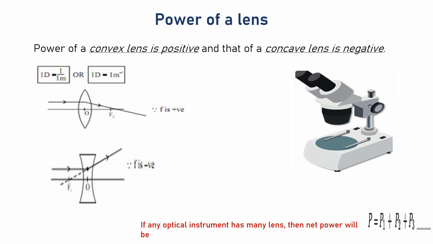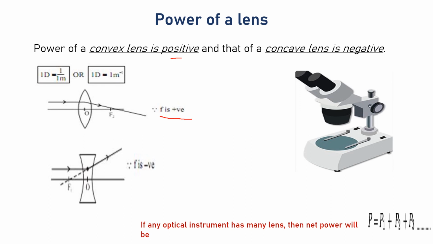The power of a convex lens is always positive. Why? Because if you see the rays over here, they are converging and meeting at a particular point which is closer. That is why we take the power of a convex lens as positive.